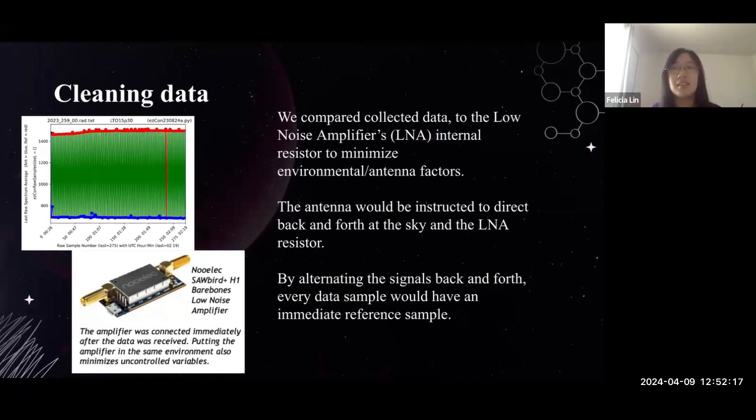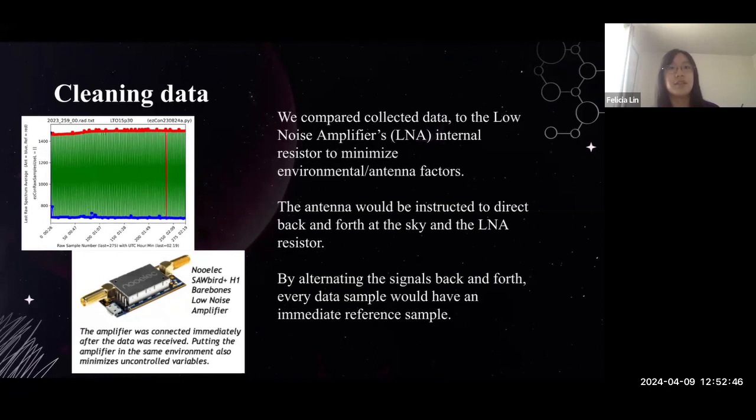If we instruct the antenna to look at the sky and then look at the resistor of the amplifier, we can use the data from the resistor as a reference sample for the data from the sky. By alternating the signals back and forth, every data sample has a reference sample from the resistor to compare with.